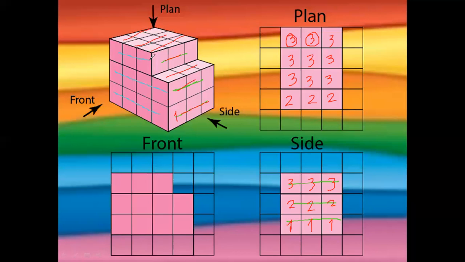Now, when we talk of the front elevation, this is now the front that is being referred to. If this is the front, this is layer 1, 2, and 3.